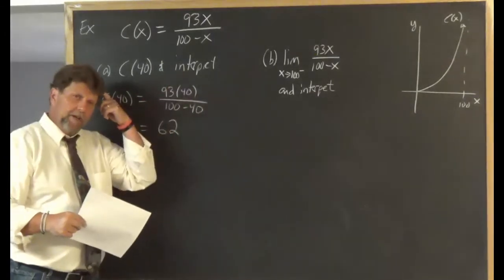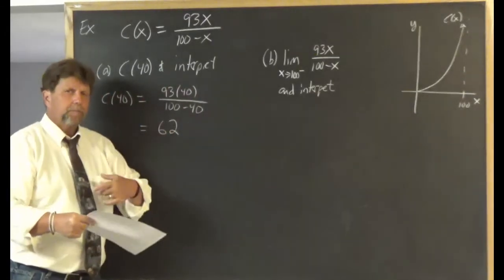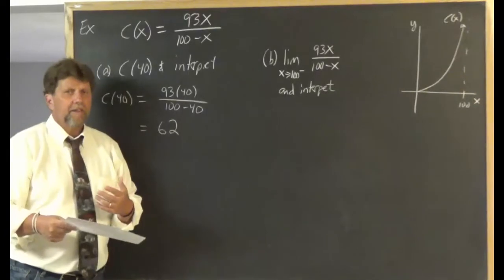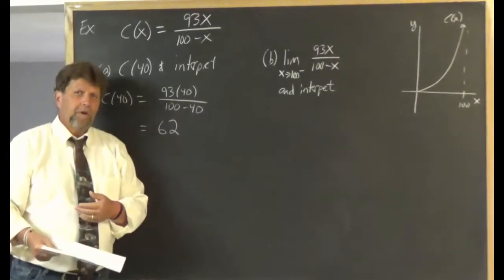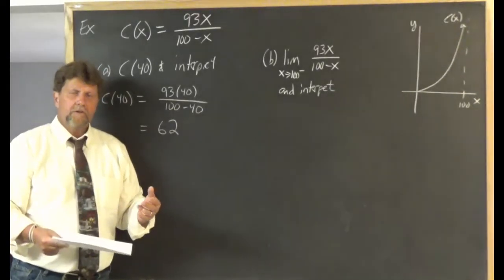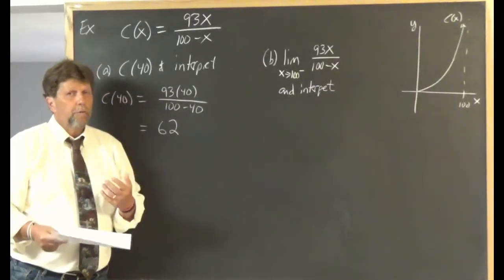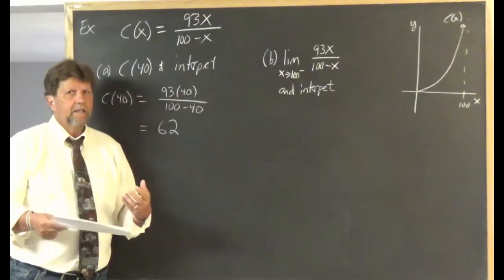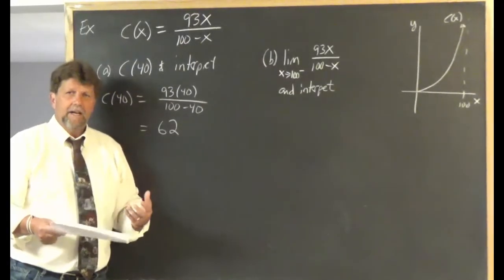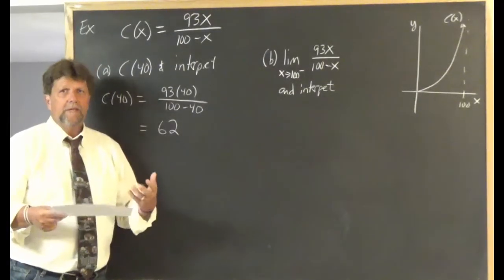Now the interpretation part. What does this mean? We're going to be doing a lot of interpreting throughout this entire course. When you interpret something, you're writing a short, sweet sentence. It's not a paragraph, it's not an essay, just a nice, short, sweet sentence.